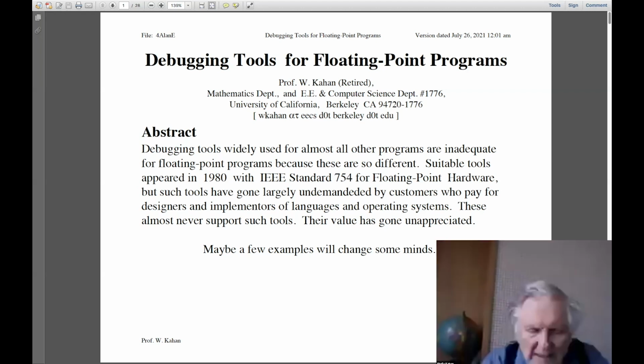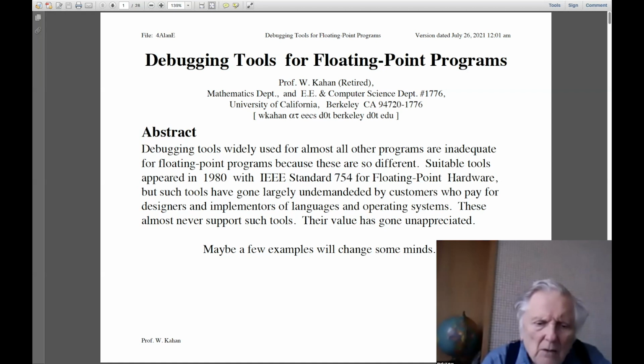Thank you. When the IEEE standard was formulated back in 1980, there were various features that were added to help debugging floating point, because floating point codes are really very, very different from other codes.